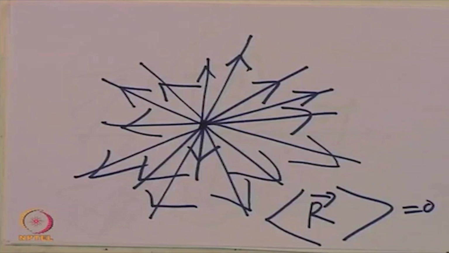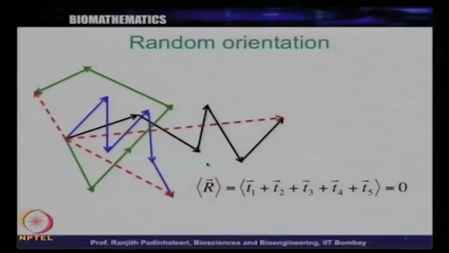Okay. So, the average end to end distance is 0. That is what is defined here. So, the end to end distance r, as you see here in the slide, is T1 plus T2 plus T3 plus T4 plus T5. This average is equal to 0. What does this angular bracket average mean?